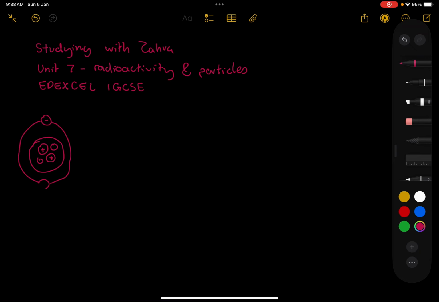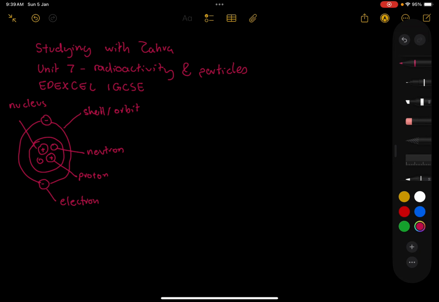So this is my electron. Proton. Neutron, which has no charge. And then this is your shell or your orbit. And then this whole entire thing is your nucleus.